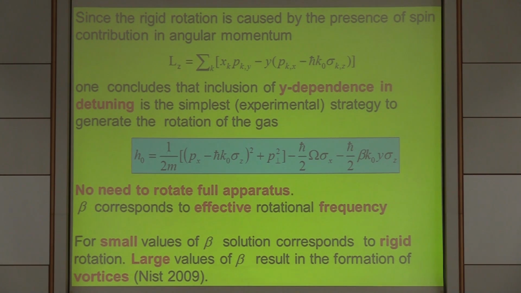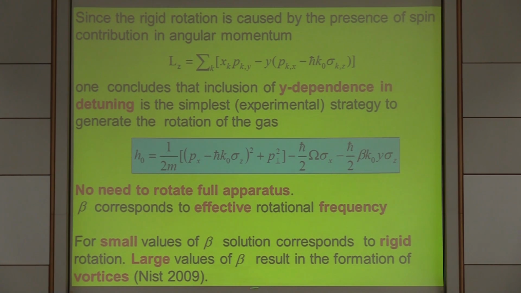But it's enough to include in the Hamiltonian just the position-dependent detuning, which provides the crucial contribution to the rotation of the gas at a small angular velocity. So this provides a rotational framework without rotating the system.